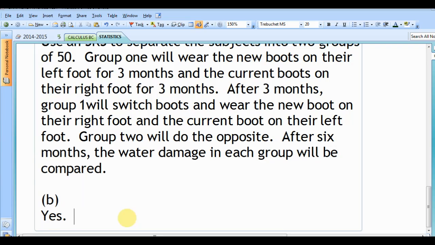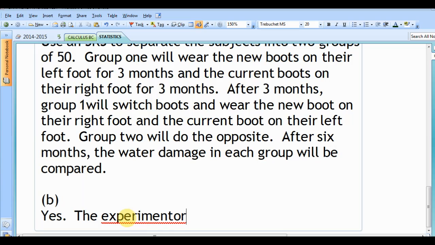How would they not know, though? If there's no physical distinction between the boots, the new and the current, they would not know which one, like, the left one is current or old, or vice versa. But as an experimenter, what would you have to do, Morgan? You would give them the pair of boots at the same time, a right foot and a left foot, and you wouldn't say that the right is the new waterproofing and the left is the old waterproofing.